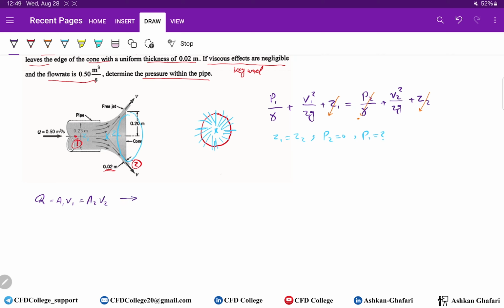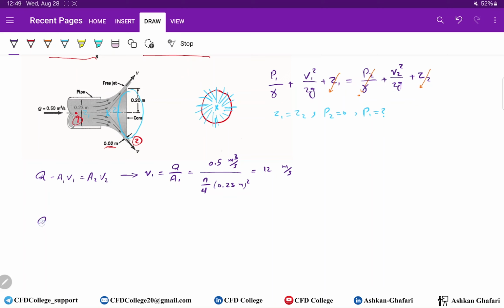Okay, for point 1, V1 equals Q over A1 equals 0.5 cubic meters per second divided by pi over 4 times the diameter, 0.23 meters, squared, so V1 equals 12 meters per second.